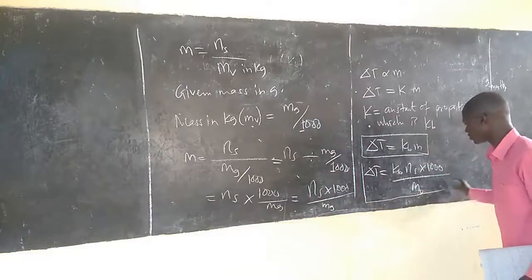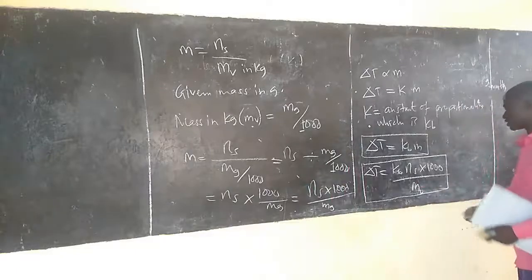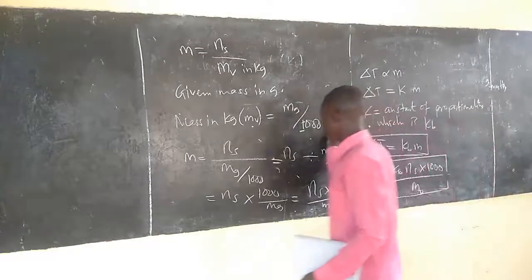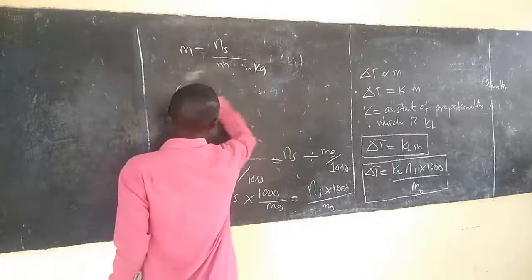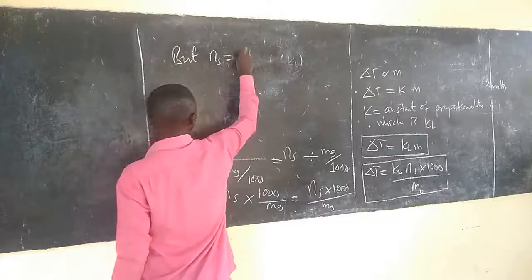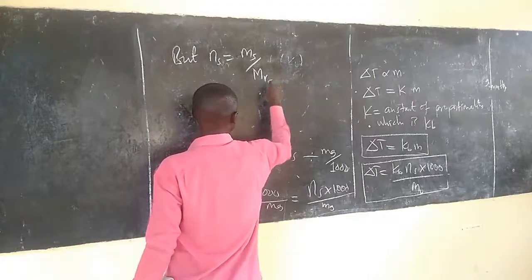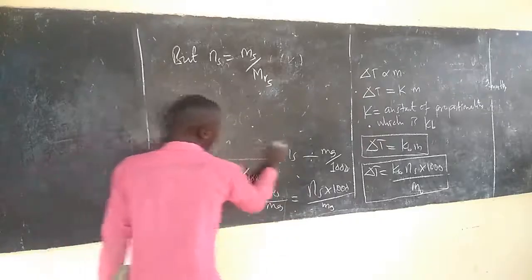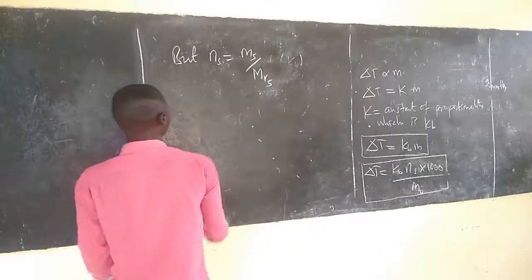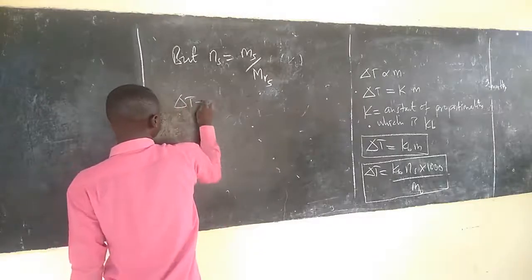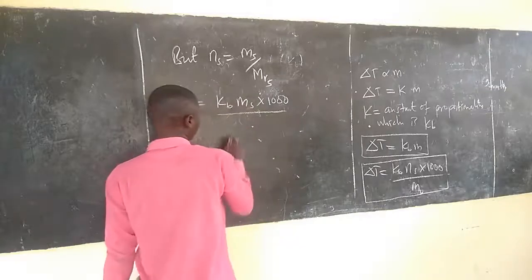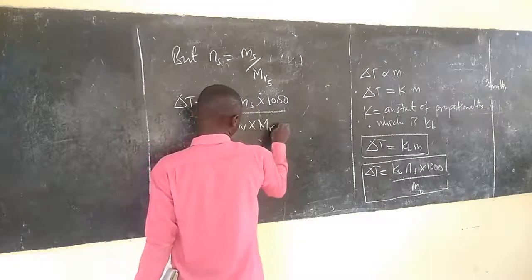So the equation we will be using looks like this. Here is the number of moles of solute. But we can still manipulate our equation. The number of moles of solute is equal to the mass of solute divided by the molar mass of solute. So inserting this here, we get the change in T is equal to Kb times the mass of solute times 1000 divided by the mass of solvent times the molar mass of solute.